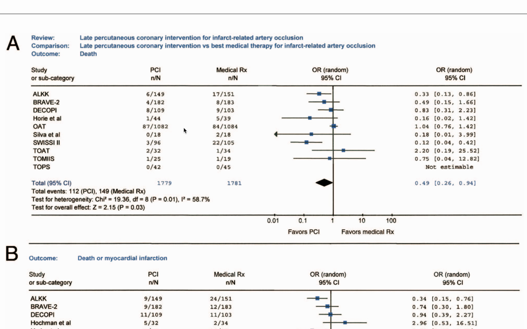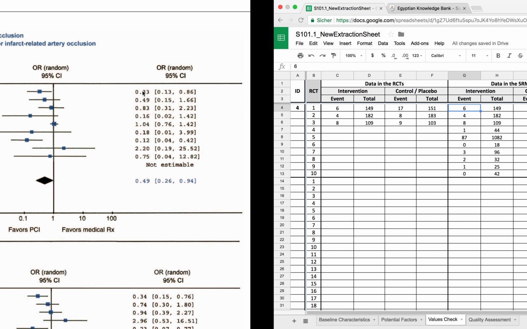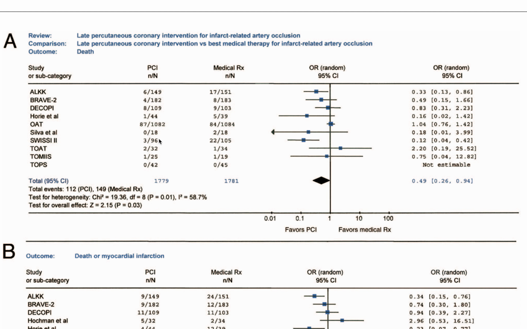Okay, don't do that. I do that because I'm sure I have done it so many times and I'm sure I won't make a mistake in it. So when you check the data, don't do it like that. You may check the events and total for every study.